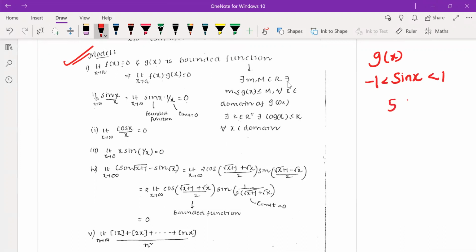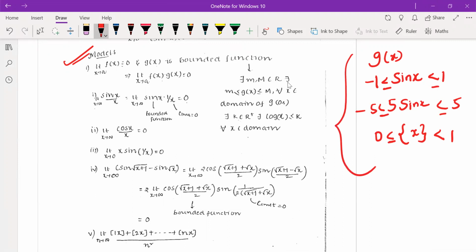Even 5 sin x also lies between -5 and +5. This one, the fractional part of x, always lies between 0 and 1. Functions whose values lie between two fixed values are known as bounded functions.